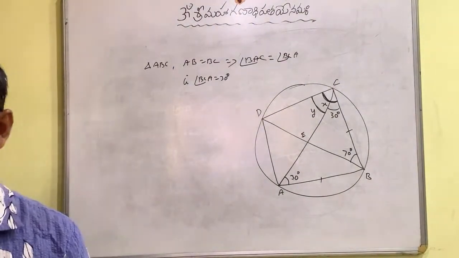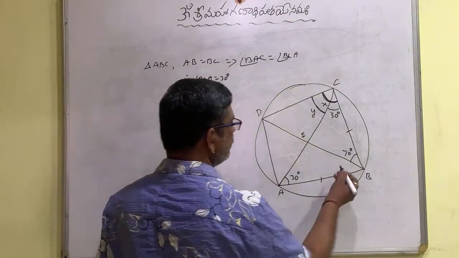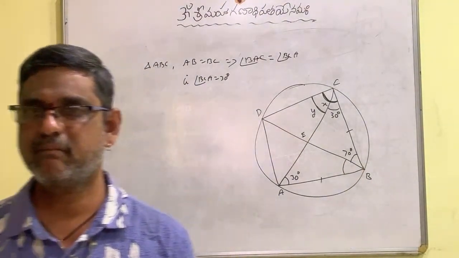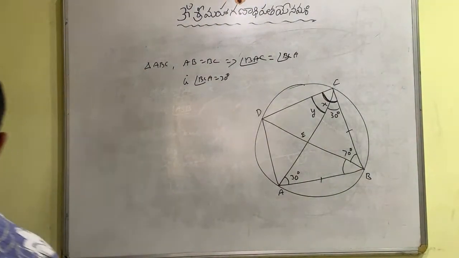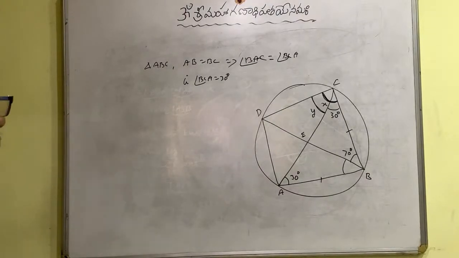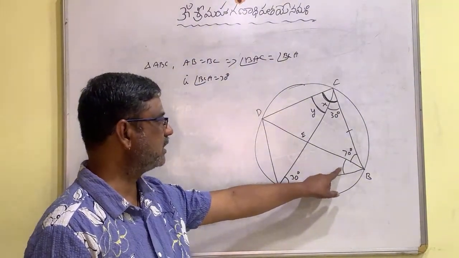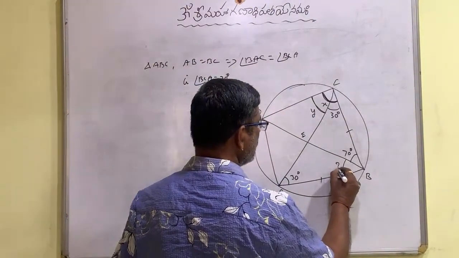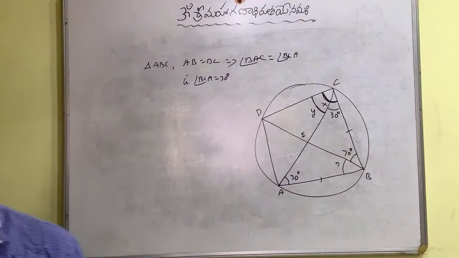Now, can we find out the measure of this angle, children? In triangle ABC, is it possible to measure this angle? How much it will be? Sum of all interior angles of triangle. Yes.